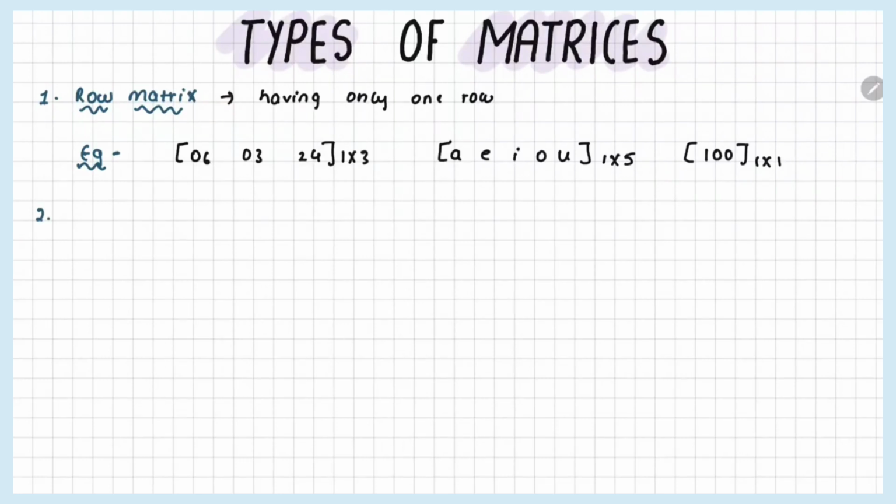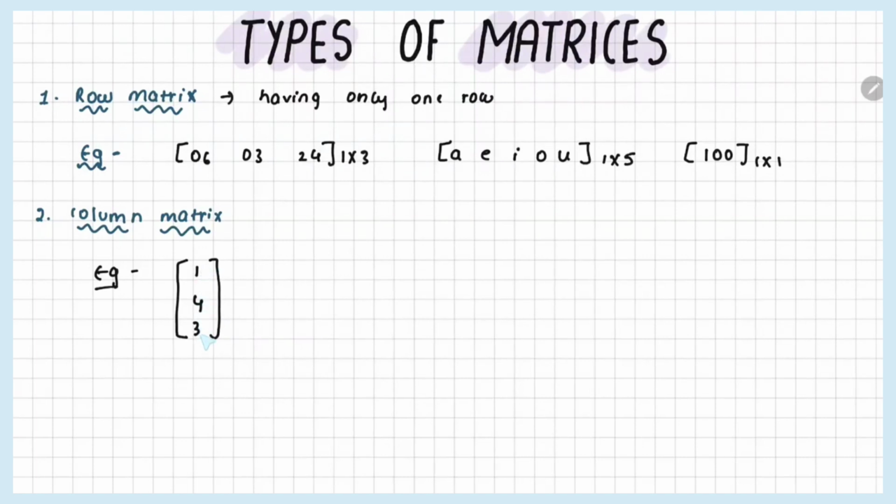Let's go to the second type, that is the column matrix. What do you mean by column matrix? First I'll give you examples. We have 1, 4, 3.